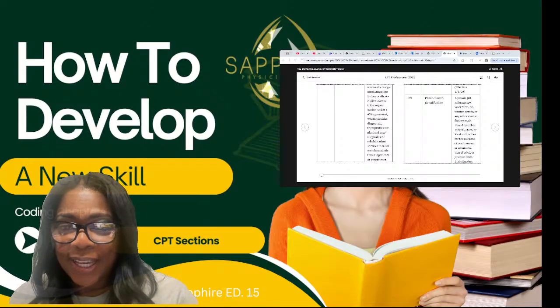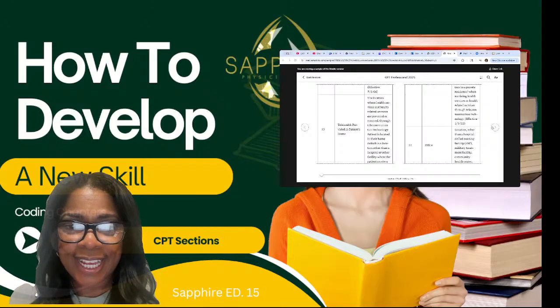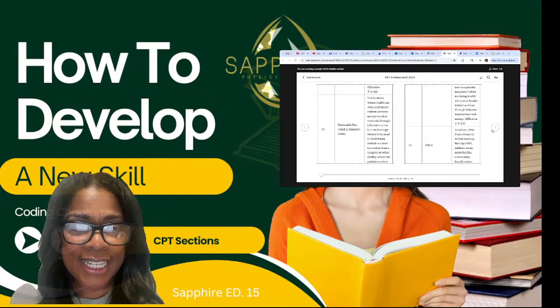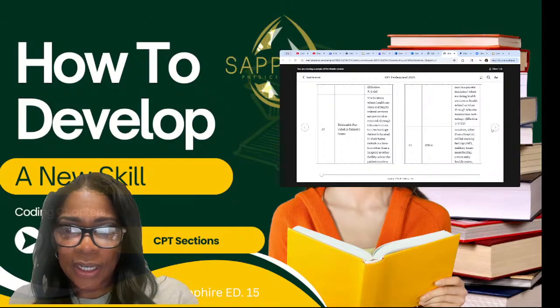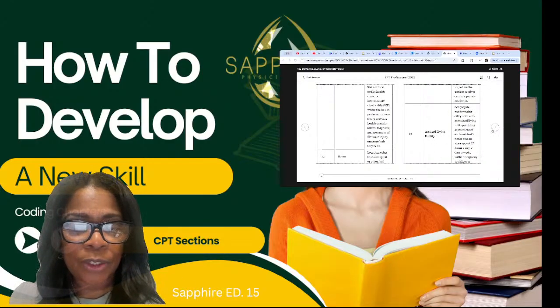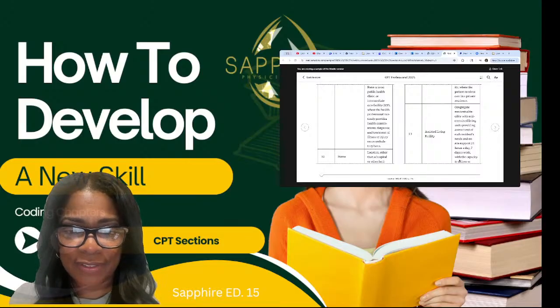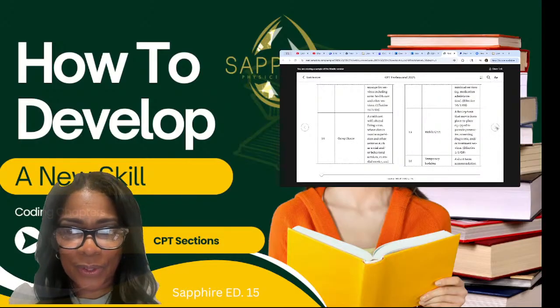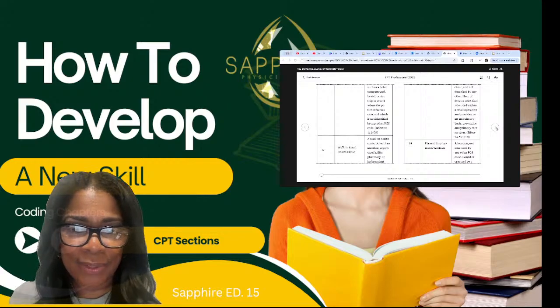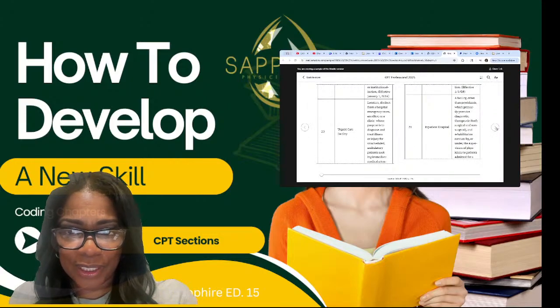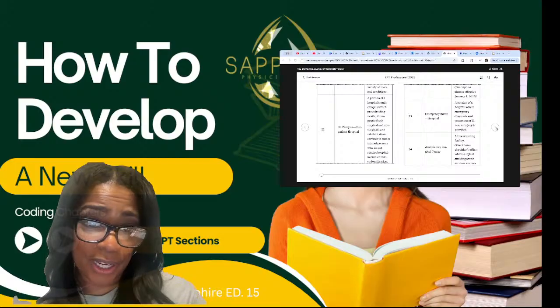So again, 09 is the jail. 10 is the telehealth. 11 is office visit, right here. 12 is home. 13 is assisted living. So we don't need to go over the whole thing, but you guys understand what I'm saying as far as place of service. 21 is inpatient, that's going to be a regular.